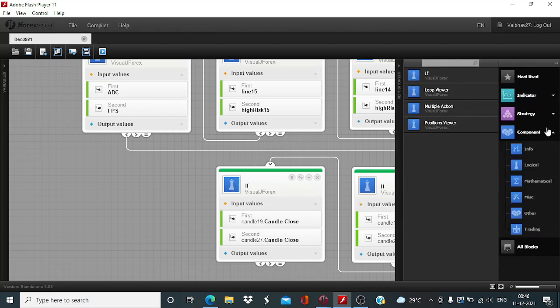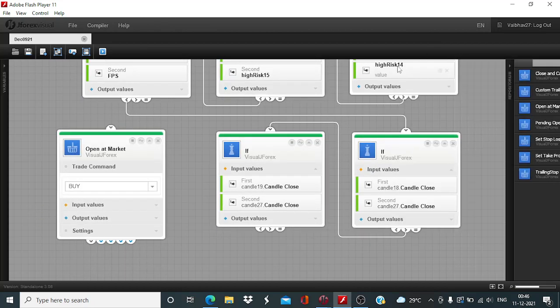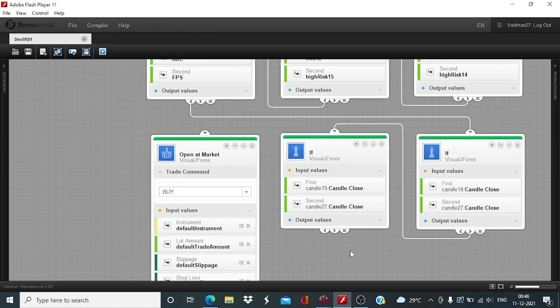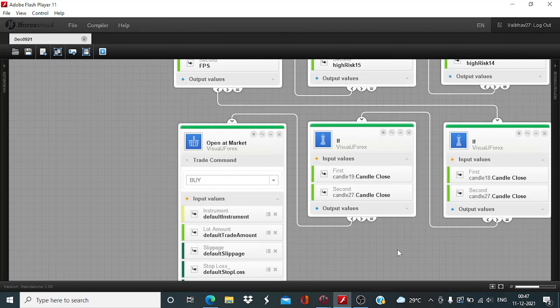And after this we will take the trade command block component, open at market, first input less than second input, as candle 19 candle close will need to have been lower compared to the candle 27 candle close.